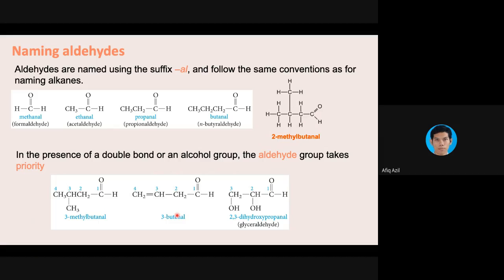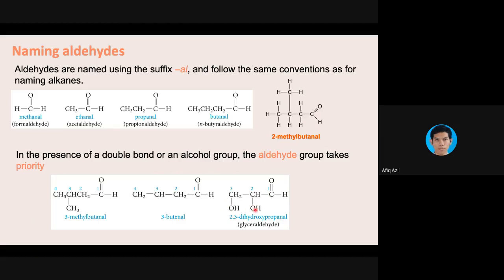Now it becomes 3-butenal. Even if there is an OH group, C double bond O will take precedence. It will have higher priority. So the numbering will start from here, 1, 2, 3.